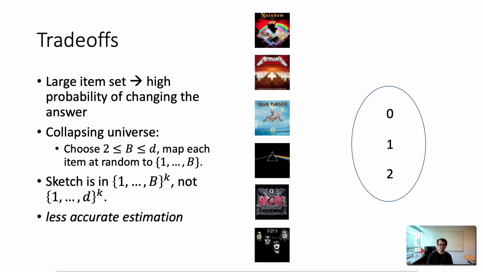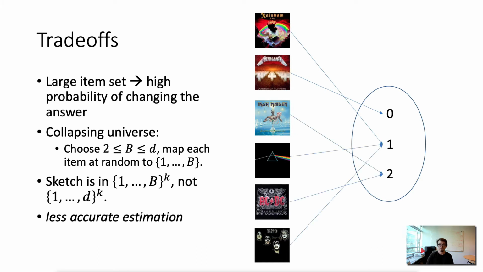So what we do in the paper is something which we call collapsing the universe, where we map these, let's say, D different album covers to B different values. We do this at random, but we share this mapping with all of the users. So for example, this rainbow album gets mapped to 1, and Metallica to 0, and so on.